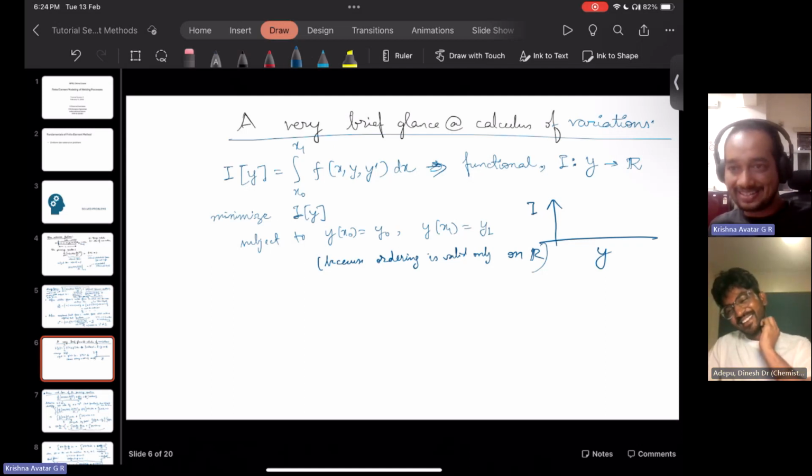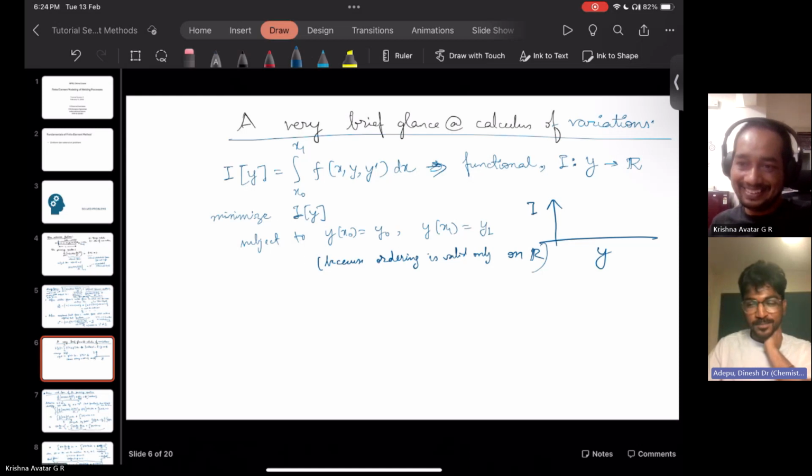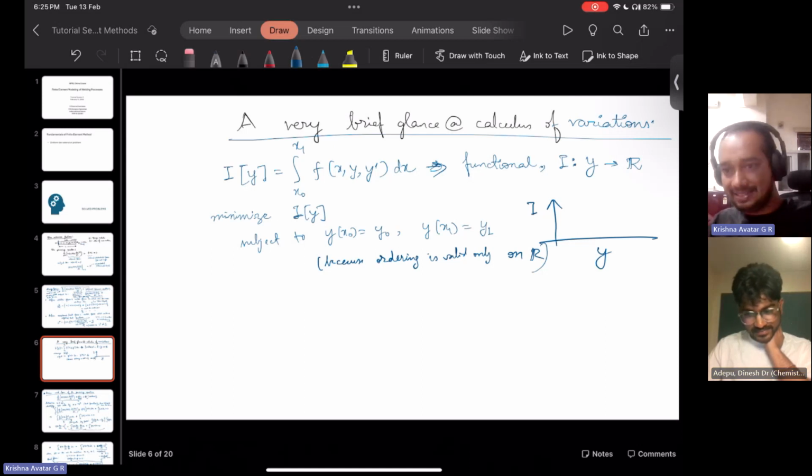A, B, C, D are just placeholders. Instead of calling them first letter, second letter, we are using letter A, letter B. That's just a proxy for natural numbers.